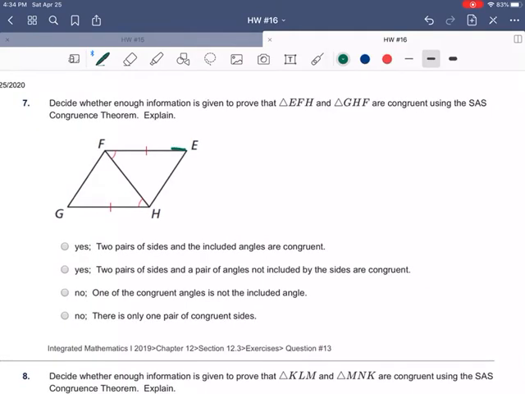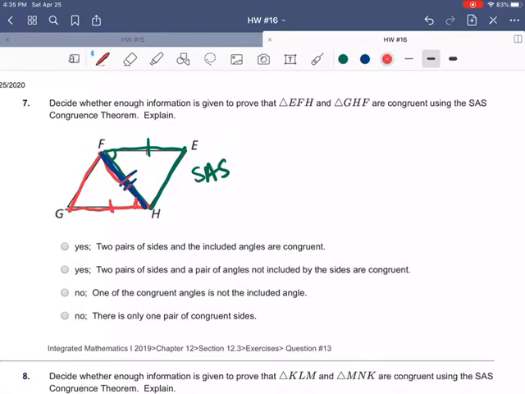Number 7, EFH and GHF, we can mark this side equals itself. So we have side, angle, side in the green one.